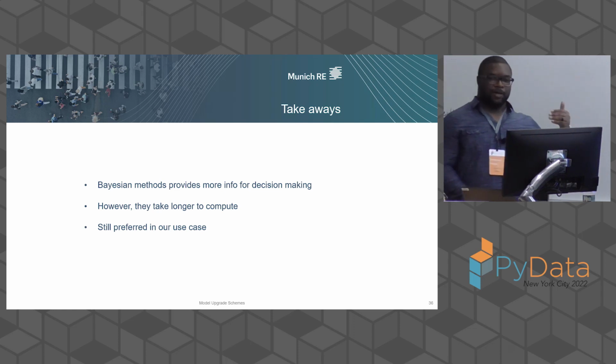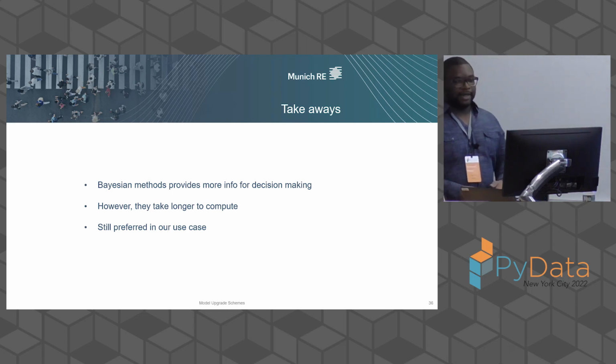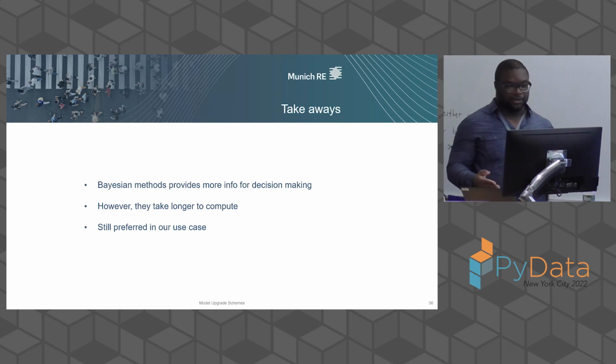Or if the probability of the ROPE is greater than 90%, then you don't do that. However, it takes a bit longer to train compared to the frequentist models, of course, but in my use case, this works.